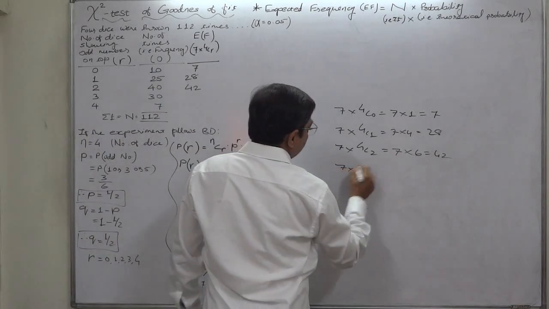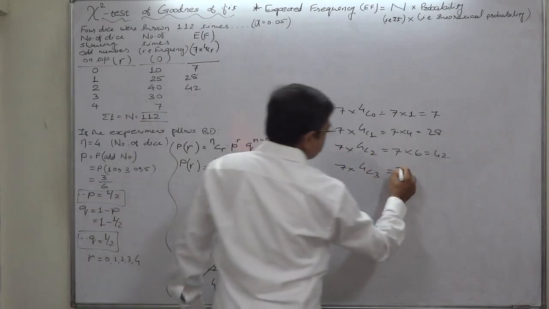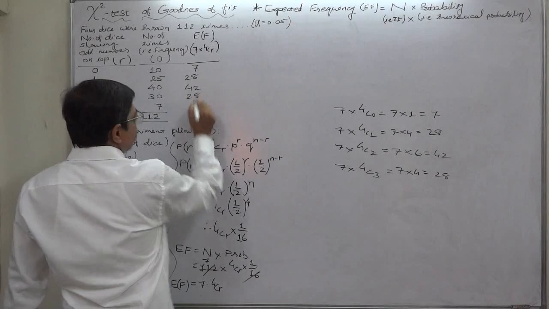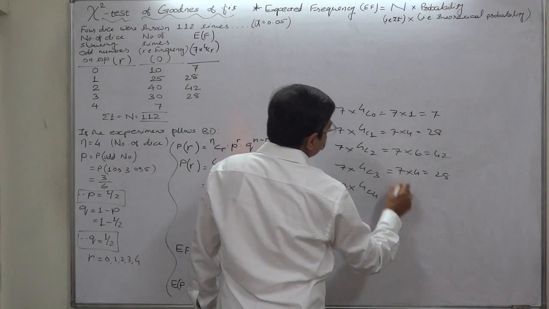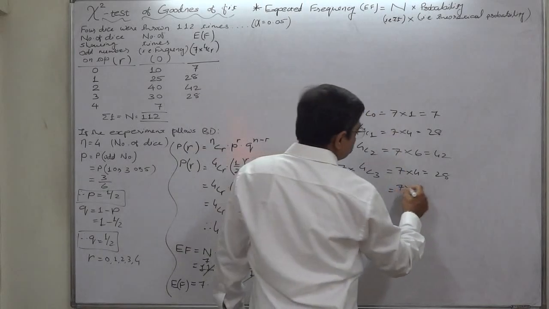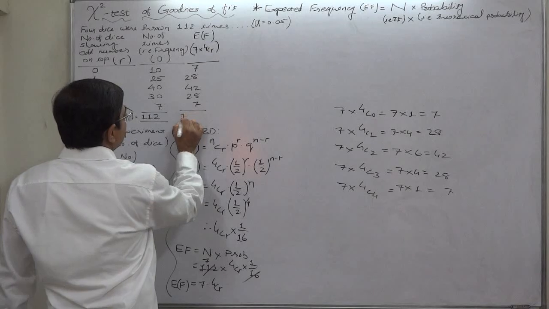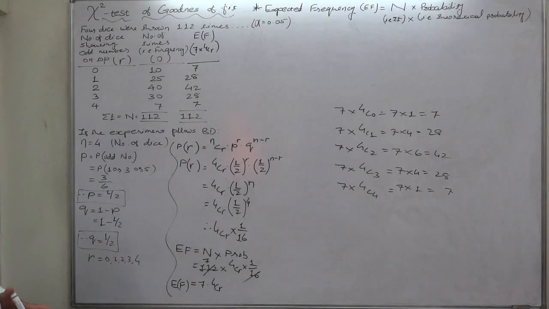Next will be 7 into 4C3. 4C3 is equivalent to 4C1. 7 into 4, 28. And 7 into 4C4. 4C4 is always equivalent to 4C0. 7 into 1, 7. And it will come to 112. So now we have all the expected frequencies.